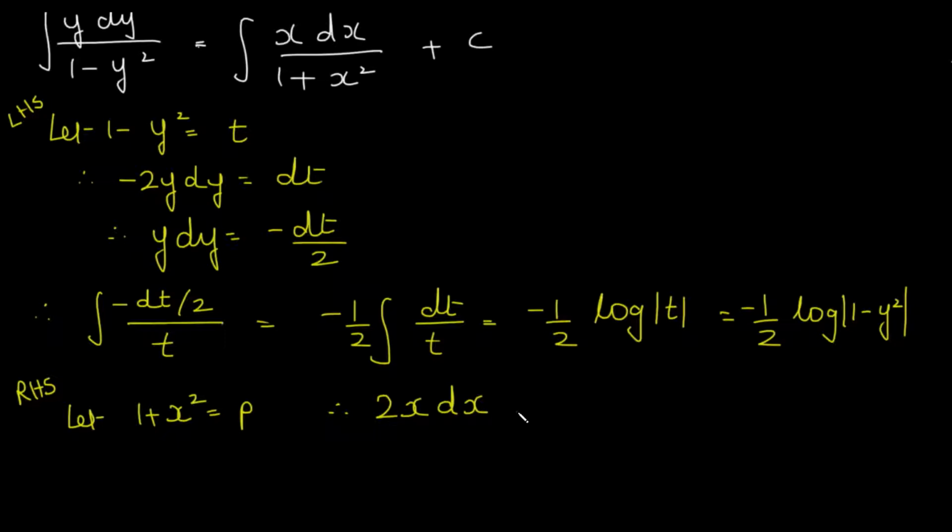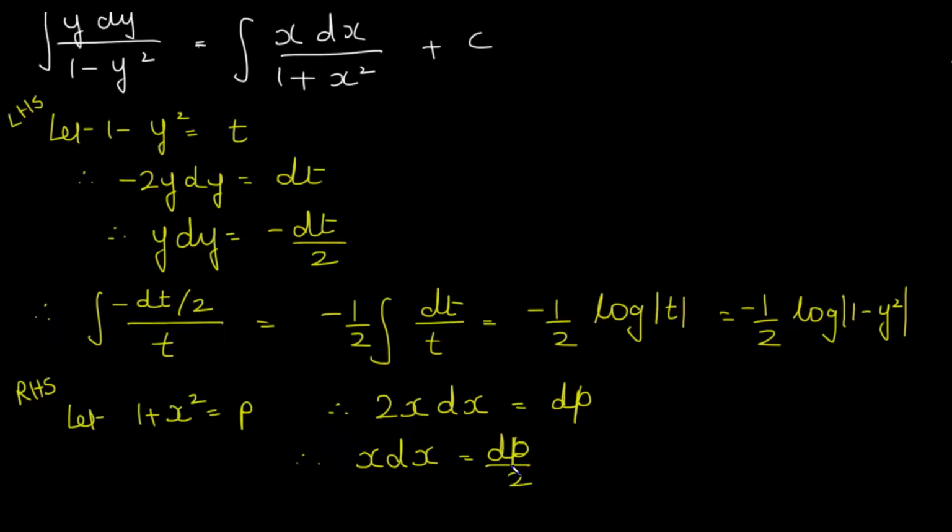So 2x dx is equal to dp when we differentiate both the sides. And thus we have x dx. We are not really concerned with what we are taking as substitution term because ultimately we are going to get the answer. So here we get x dx is equal to dp upon 2.